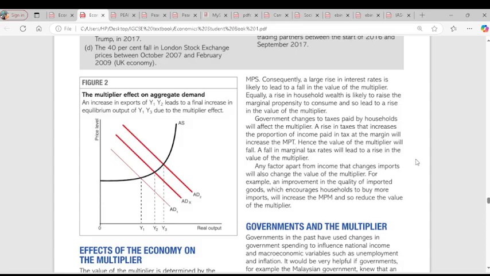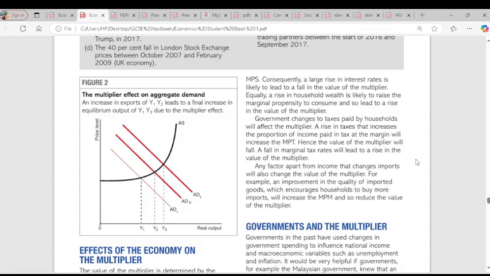So an increase in exports will bring about an increase from 0Y1 to 0Y3, because export has increased. So the aggregate demand is there, but what has made aggregate demand increase is the increase in export. So it will be from AD1 to ADX to AD2. Okay, ADX, AD2. Please get the point here.